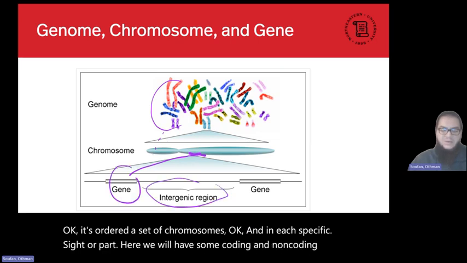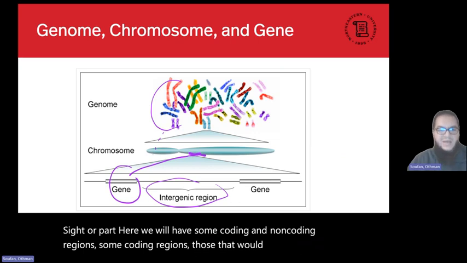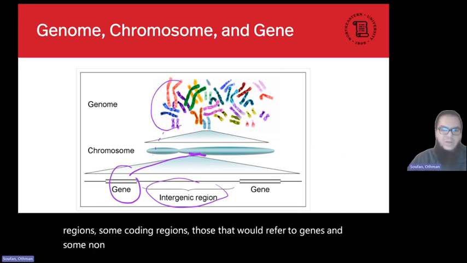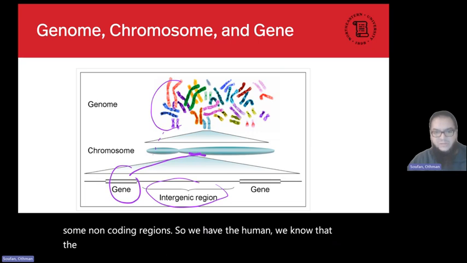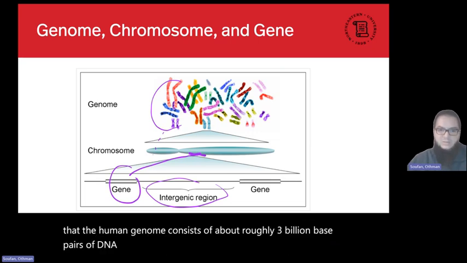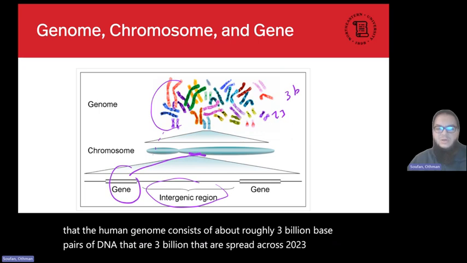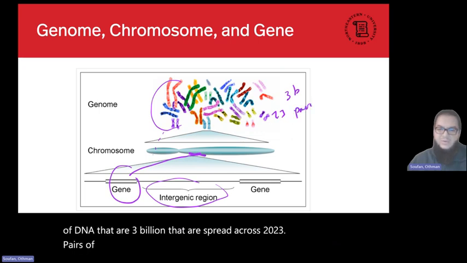Some coding regions would refer to genes, and some non-coding regions. So we have the human. We know that the human genome consists of roughly 3 billion base pairs of DNA that are split across 23 pairs of chromosomes.